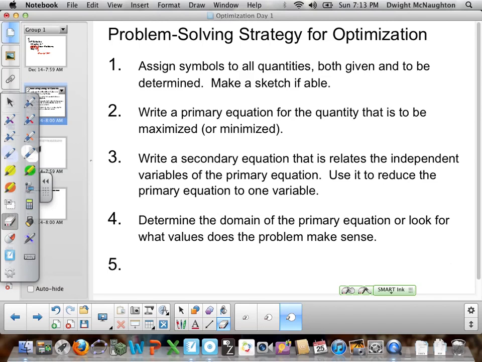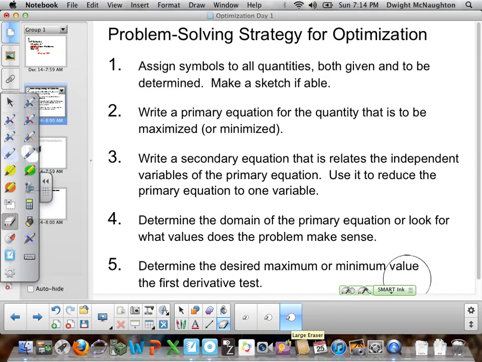Right? So look at what makes sense. Don't look at negatives when you're talking volume. Don't look at negatives when you're talking costs. And then finally, determine the desired max or minimum using the first derivative test.